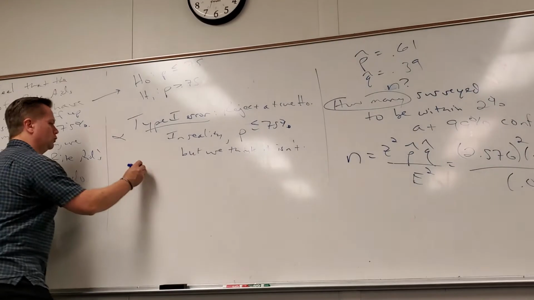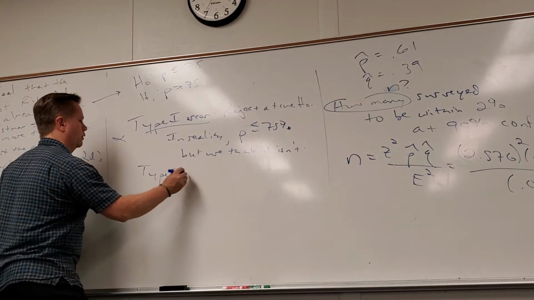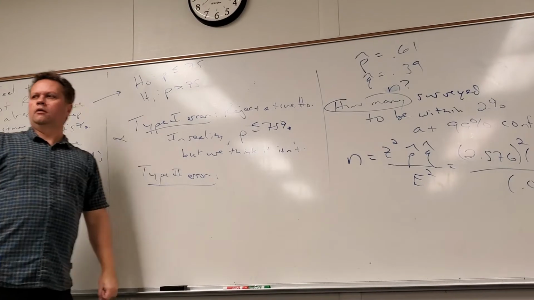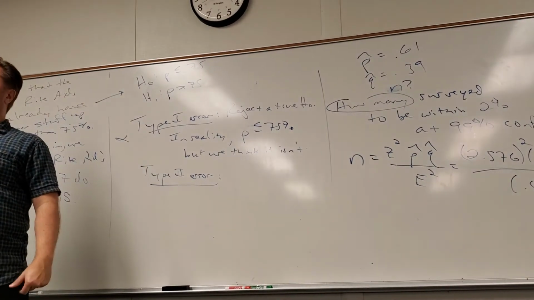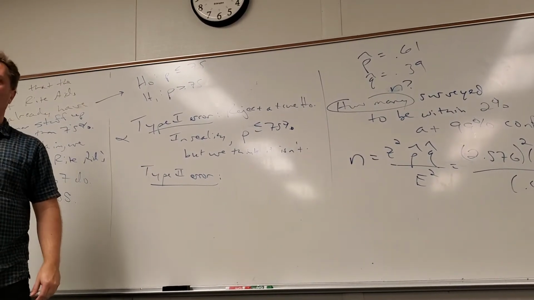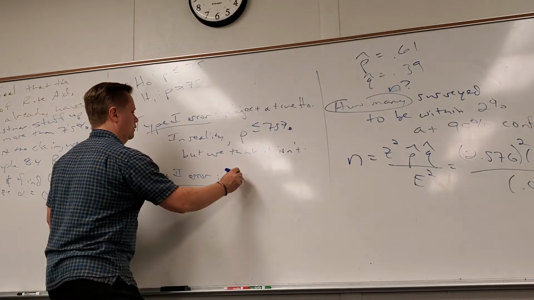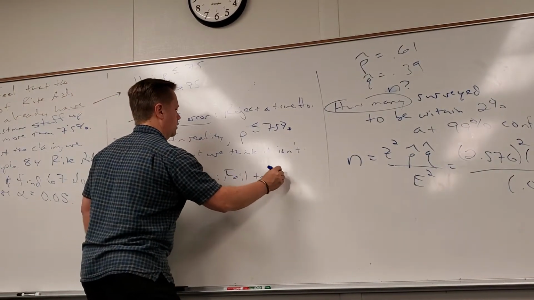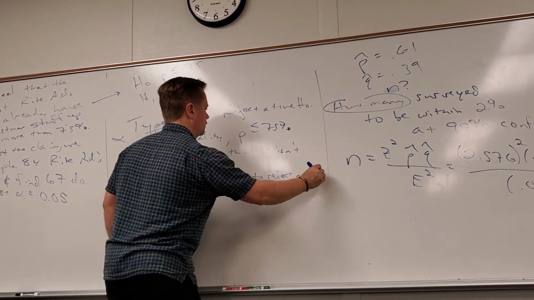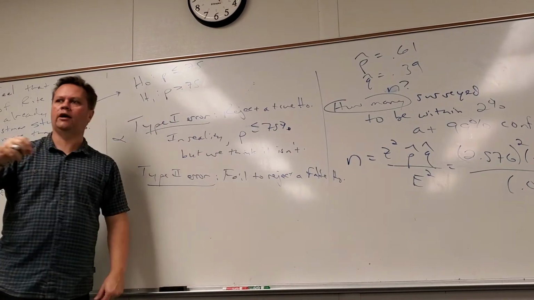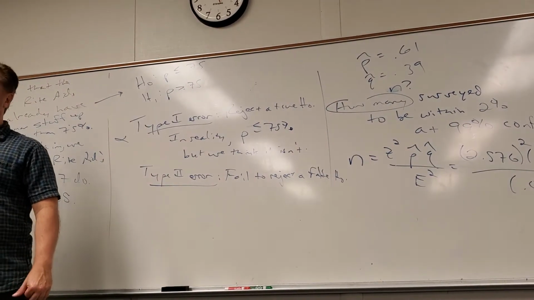So type 2 is if I do what? Fail to reject a false null. The guy's wrong, and we fail to think he's wrong. So fail to reject a false null. So the null is actually not right, but we think it is right.